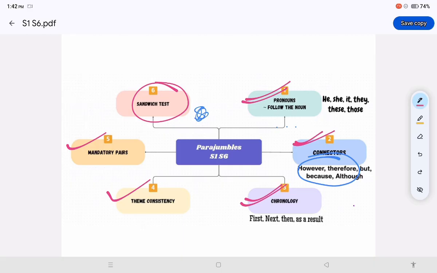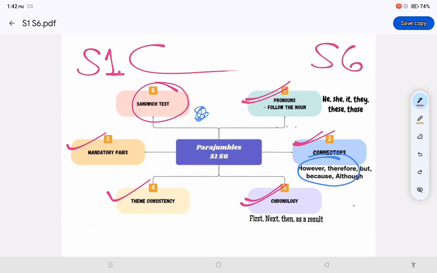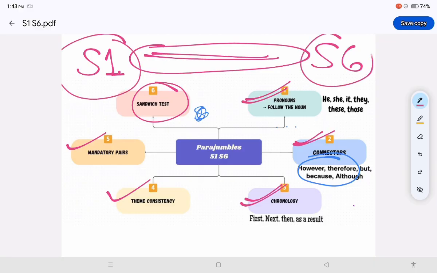What is the sandwich test? S1 is your top bread, S6 is your bottom bread, and then we have all the things in between, that is P, Q, R and S. The middle must connect S1 and S6 very logically, very smoothly.